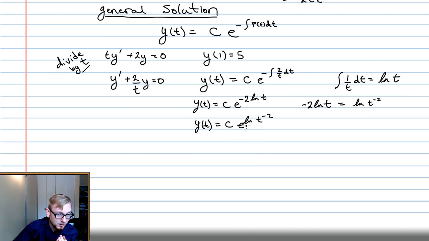Natural log and the e cancel out. So y of t is equal to c times t to the negative 2, which is c over t squared.